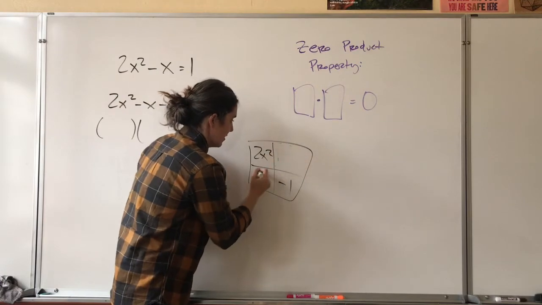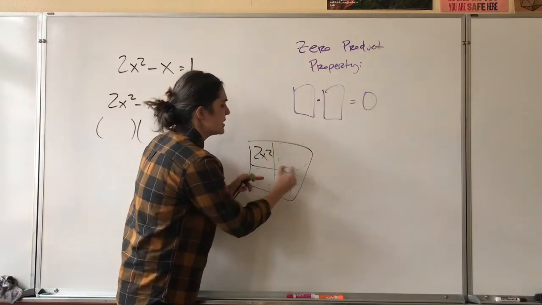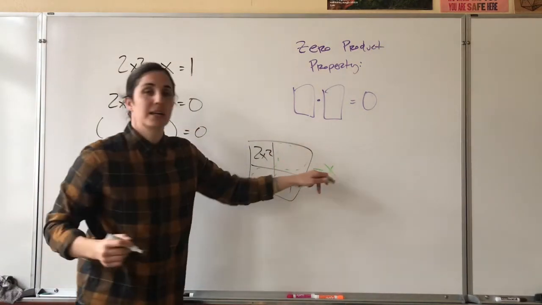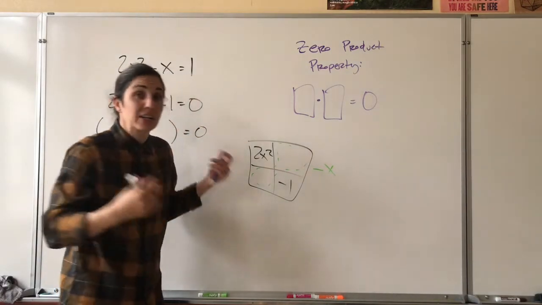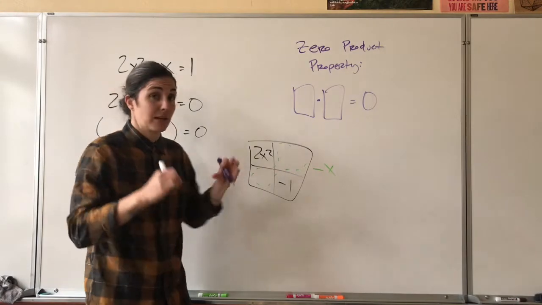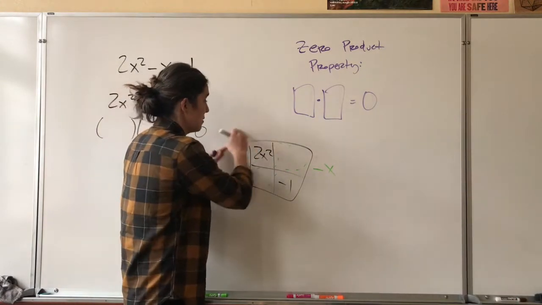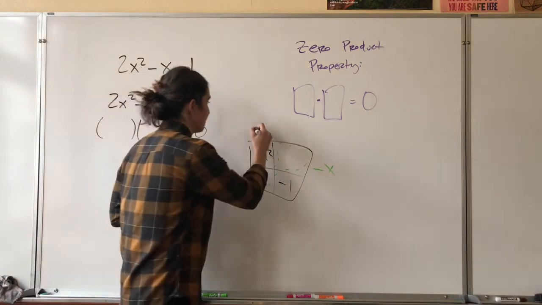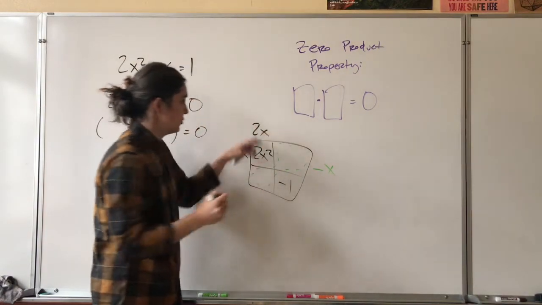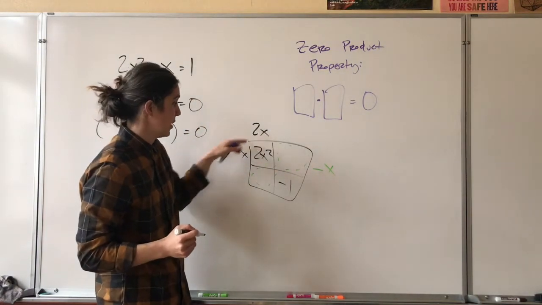It's the area. So we know the diagonals are going to be like terms that need to add up to negative x. And factoring is trying to find the outside. What two things multiplied together give me the inside? So I know to get 2x squared, I'd have to have a 2x times x.